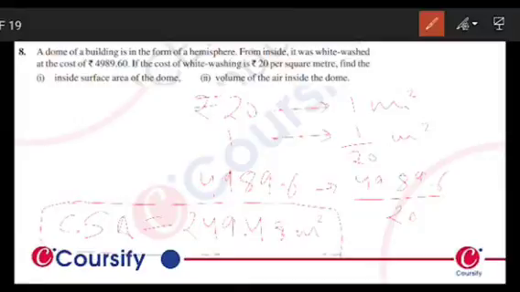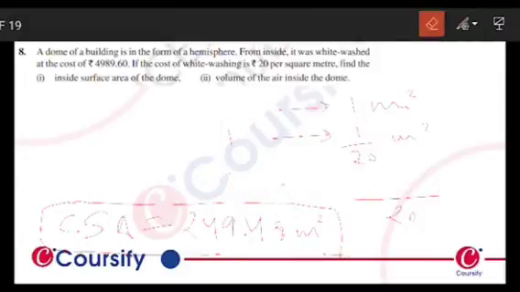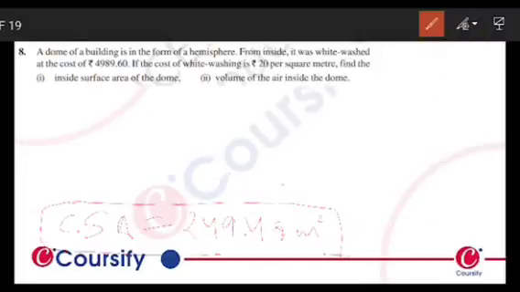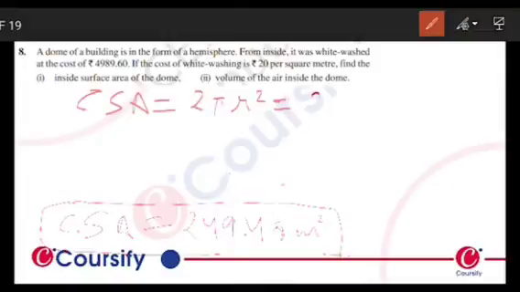Now we need to calculate the volume of the air inside. Since we know the curved surface area of the hemisphere, we can find the radius, and after finding the radius we can find the volume of the air. CSA is equal to 2 pi r square, that is equal to 249.48.